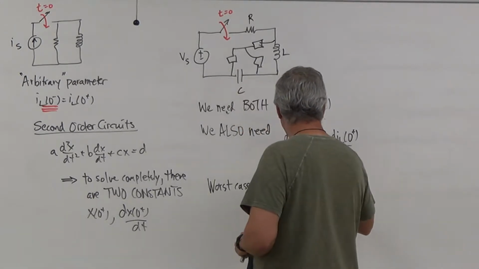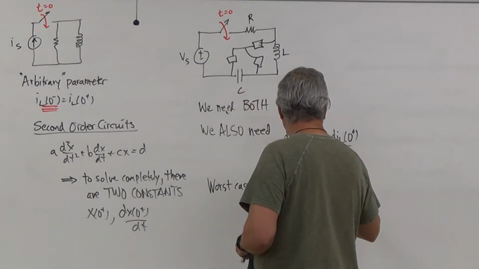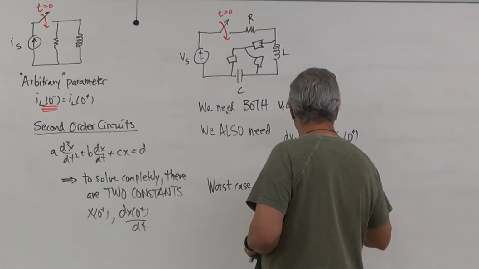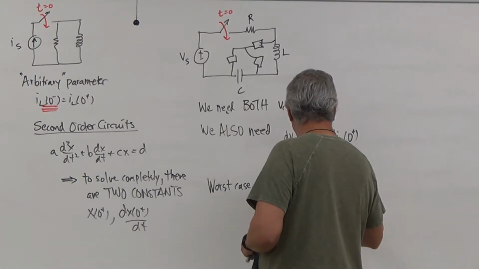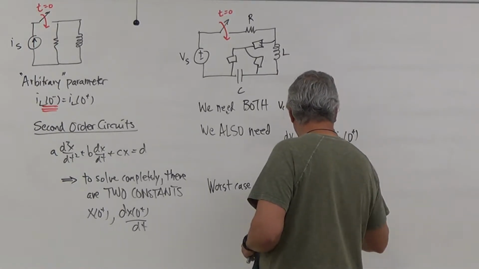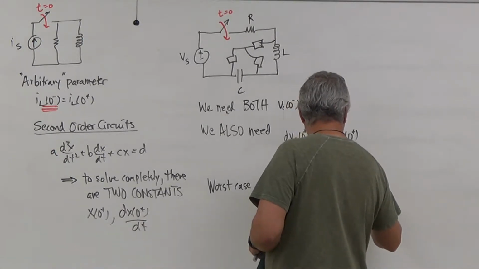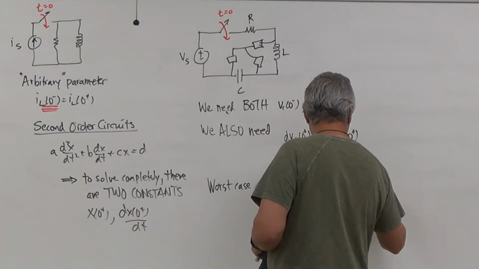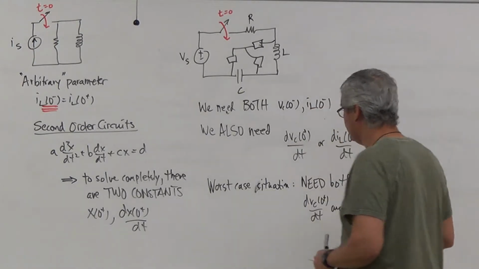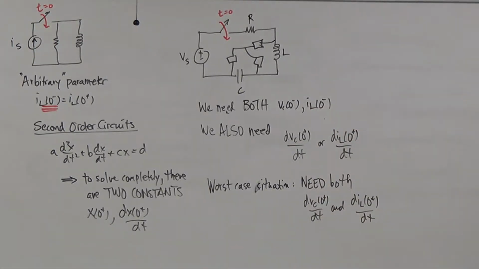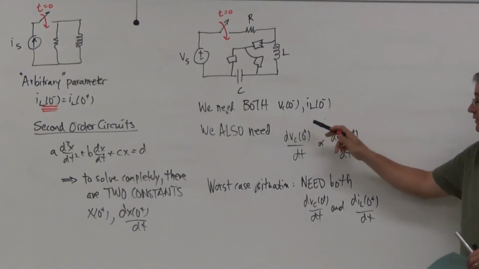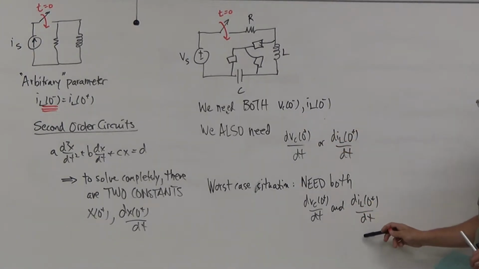That means that you need both dV/dt and di/dt. So there are circuits where I need how many constants? 1, 2, 3, 4. And just to solve for the initial conditions, you'll see that you'll have a system of equations.